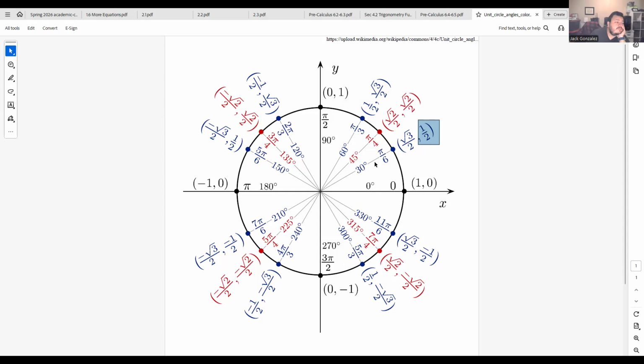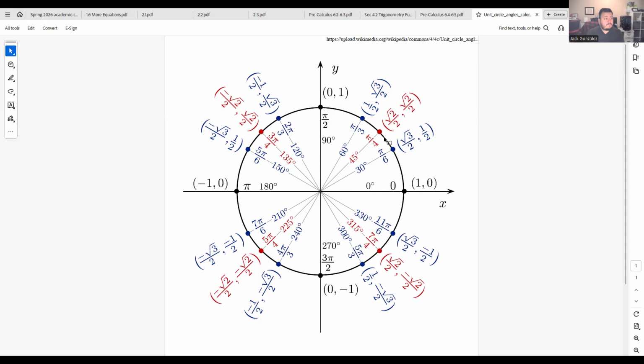Cosine of 30, or cosine of pi over 6, which is the same thing, it's just two different units, remember? We were converting back and forth. The x value would be square root of 3 over 2. They say tangent of 30 or tangent of pi over 6, you take the ratio, divide y over x, or 1/2 divided by root 3 over 2. That would be true for any angle on the circle. That's how we defined sine, cosine, tangent, etc.